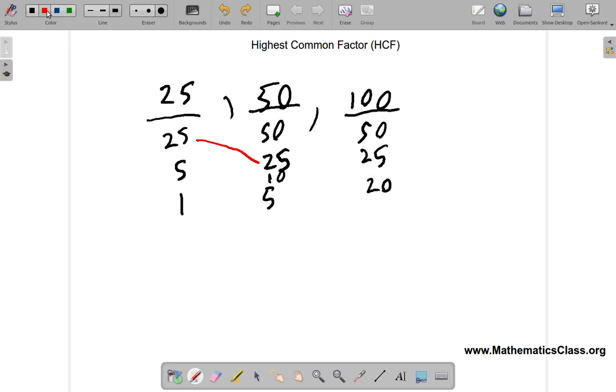I am seeing 25 in all three cases. 25. And there's no number higher than 25 that appears in all three cases. So therefore, in this case, the HCF, the highest common factor of 25, 50, and 100 is 25. Okay, good. So that's the highest common factor.